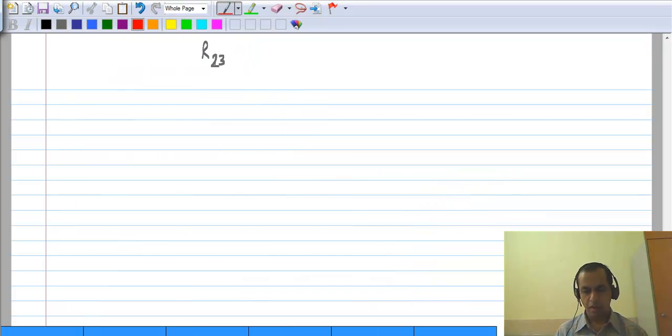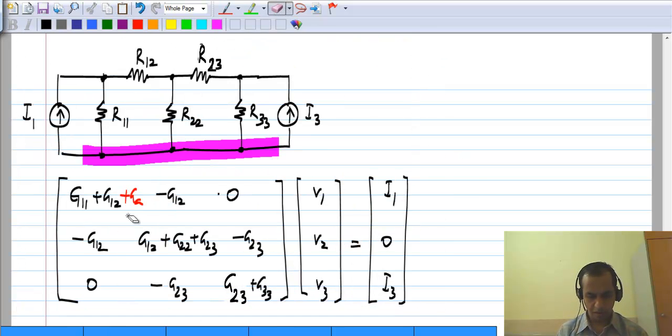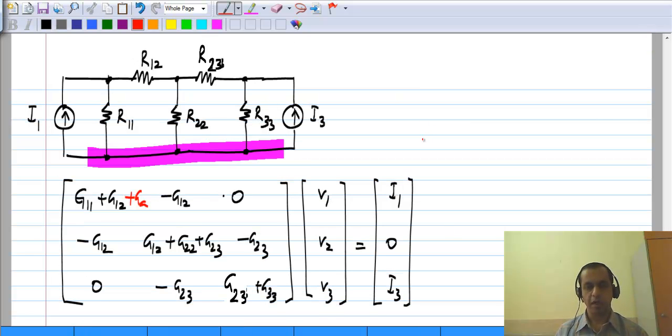Let me take one final example. Let me connect a current source like this, Ix between nodes 1 and 2 instead.